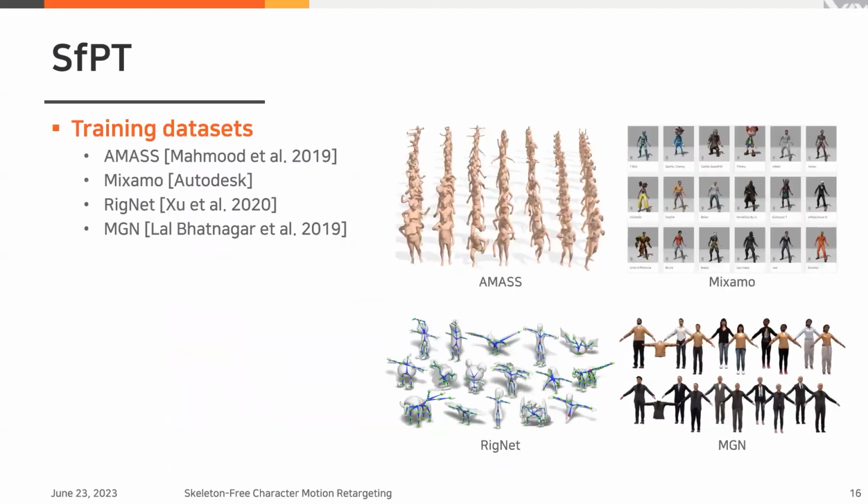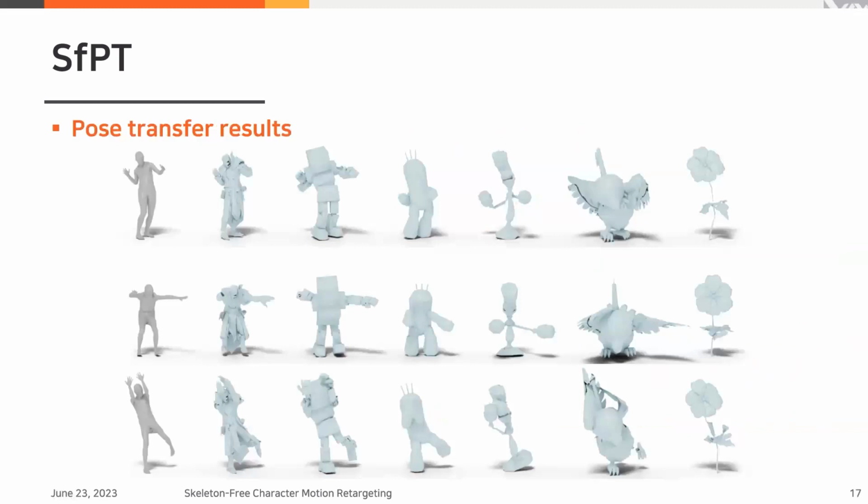To train the model, 3 datasets, AMASS, Mixamo, and RigNet were used for training, and MultiGarmentNet was additionally used for evaluation. As you see in previous slides, their method successfully transfers the source pose to target character meshes with diverse shapes and topologies.